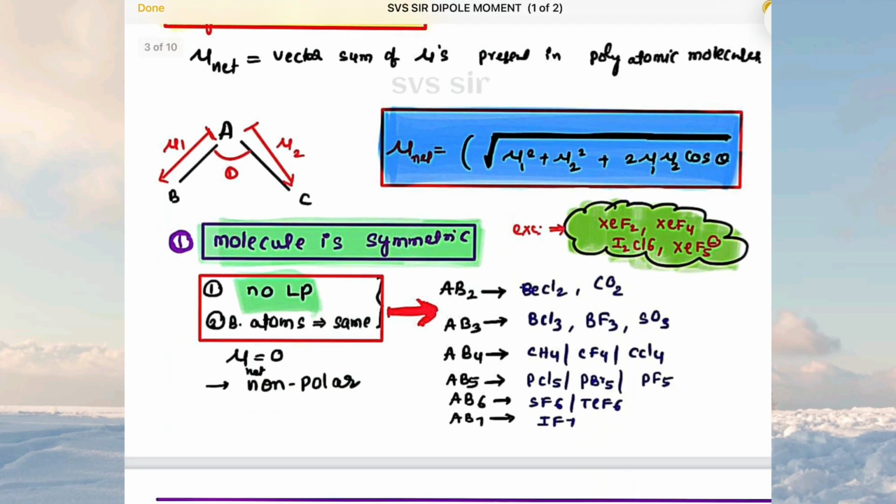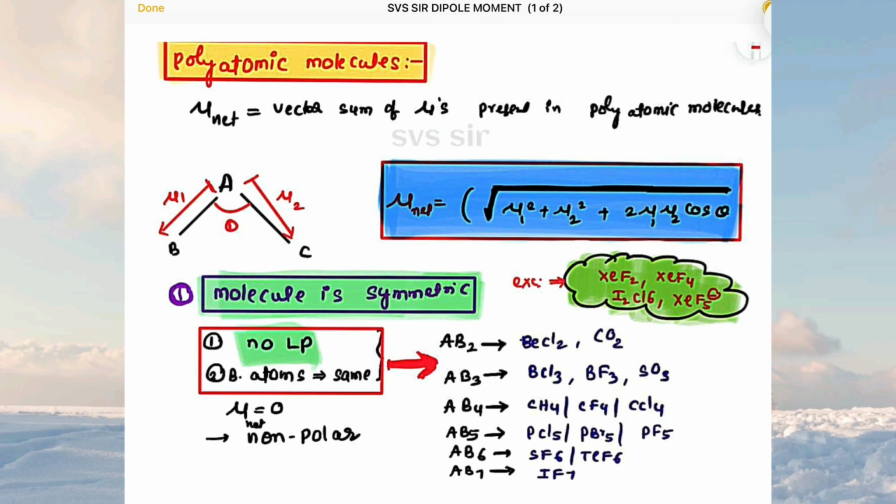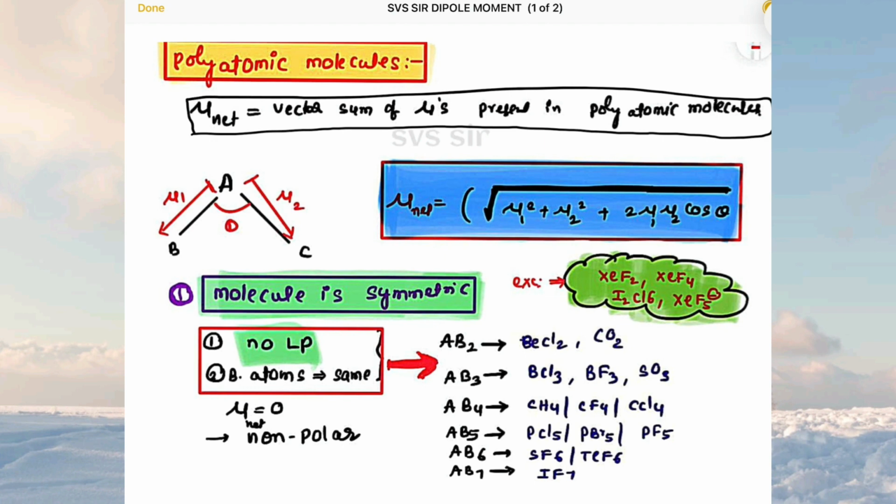Now, let us take polyatomic molecules. If you take polyatomic molecules, net dipole moment is the vector sum of the dipole moments present in the polyatomic molecule.